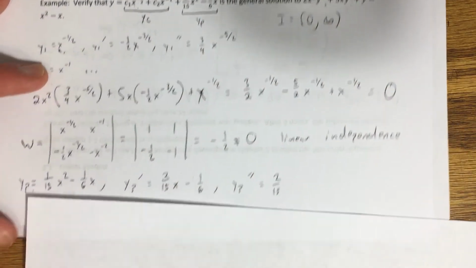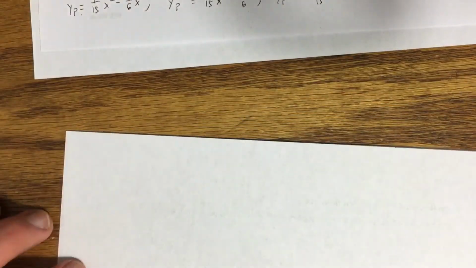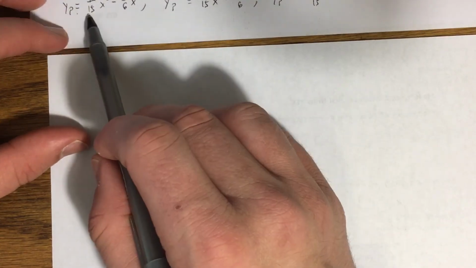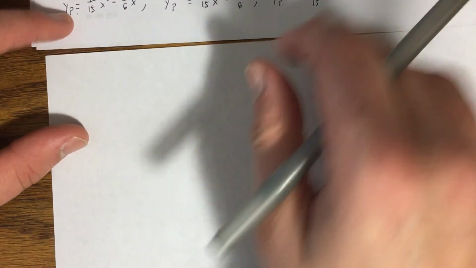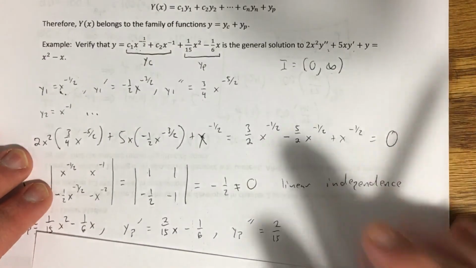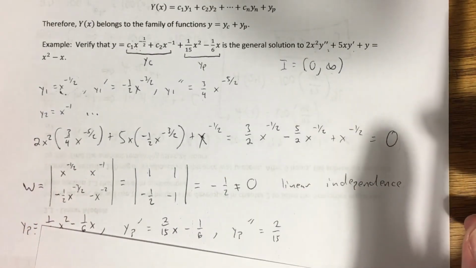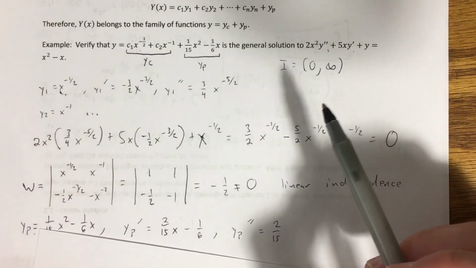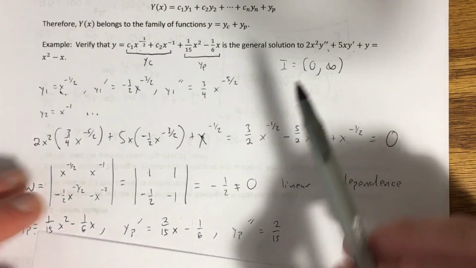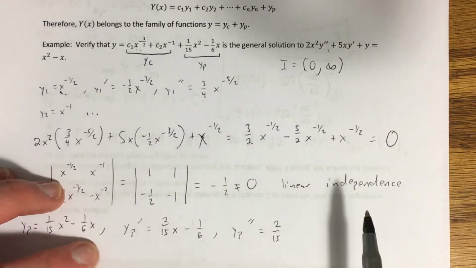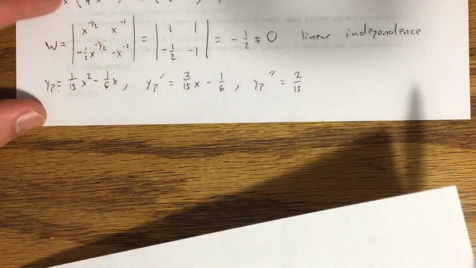Now what I have to do is show that when I plug these in to my DE up here, what I have is a particular solution to the non-homogeneous case. I want this to come out to x squared minus x this time. Okay, so let's do that.